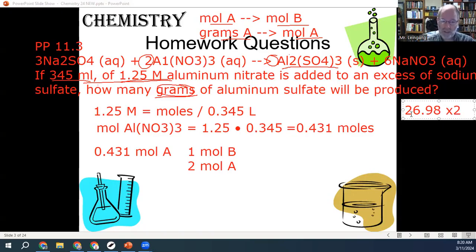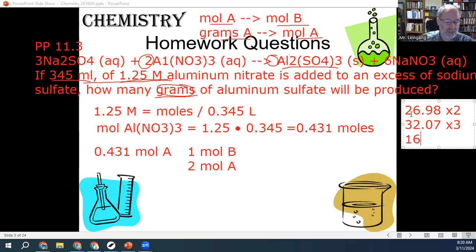Then I look up my sulfur. My sulfur is 32.07. There are 3 of them. Why? Because there's a 3 outside the parentheses and a 1 inside. 3 times 1, 3 sulfur.